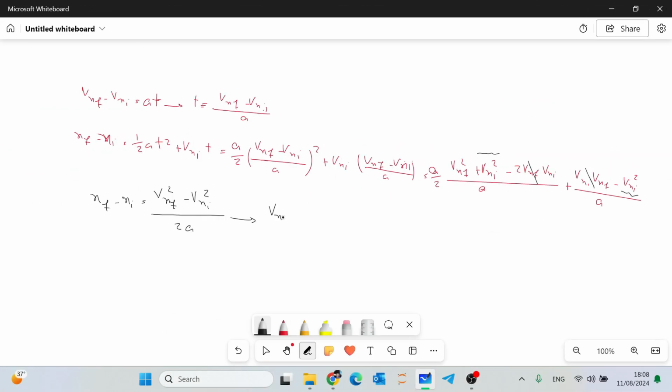This gives vxf squared minus vxi squared equals 2a times delta x. So it means that your final velocity to the power 2 minus your initial velocity to the power 2 equals 2 times the acceleration times your displacement. So let's have an example of these things.